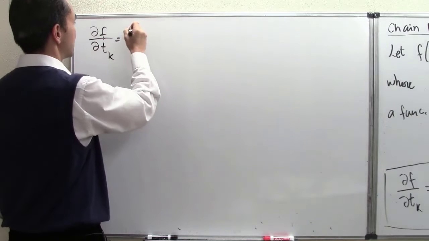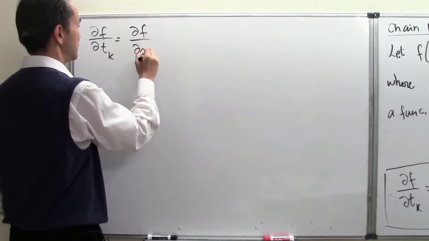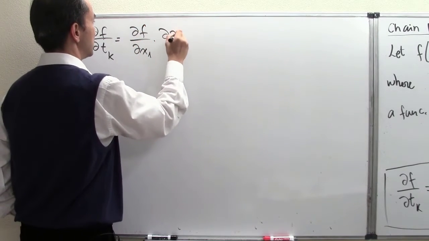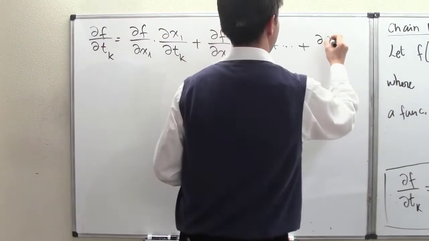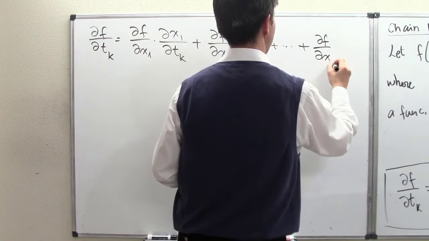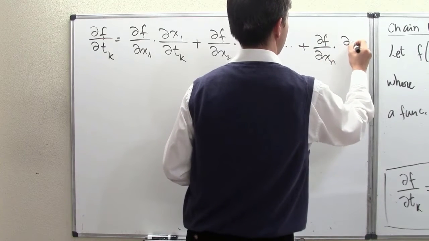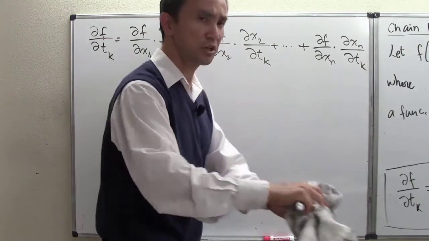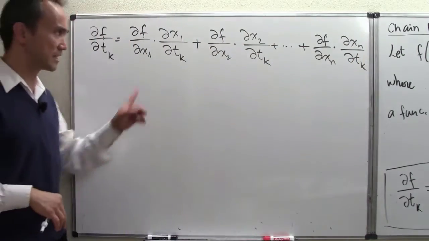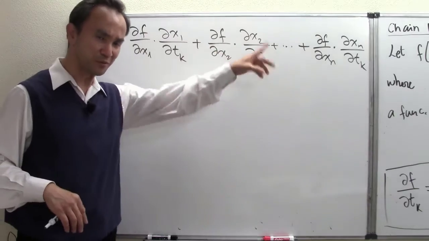It's df over dx1 times dx1 over dtk, up to df over dxn times dxn over dtk.